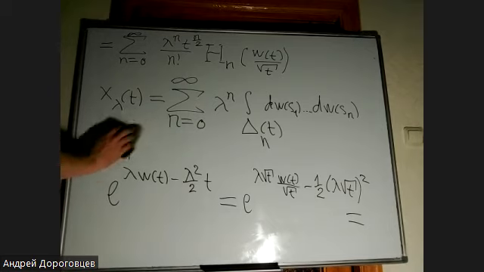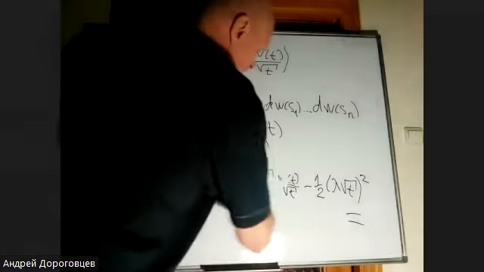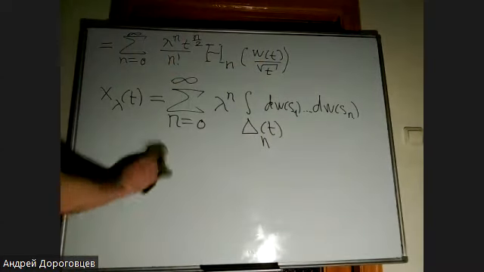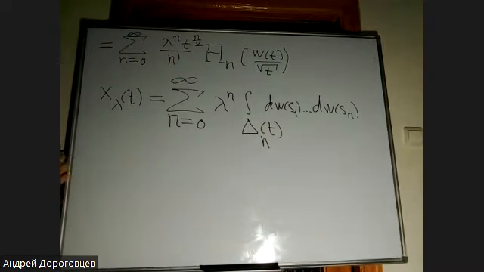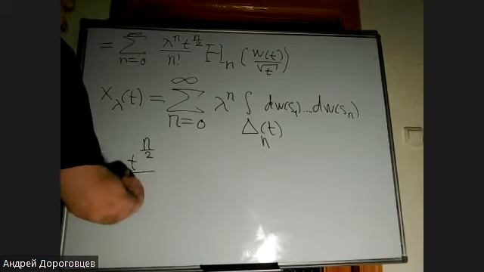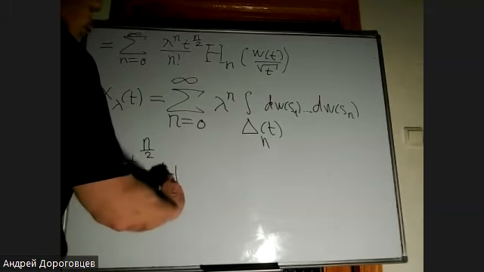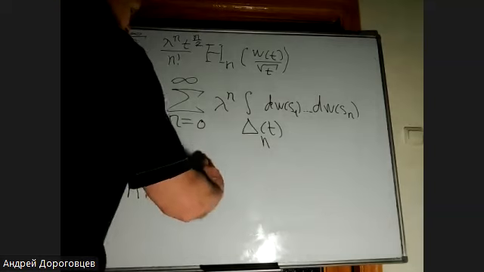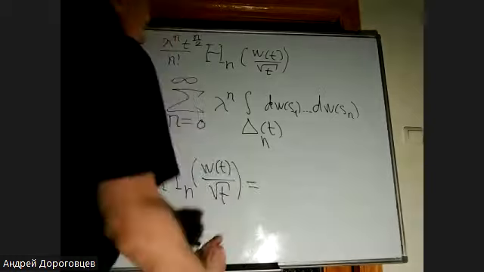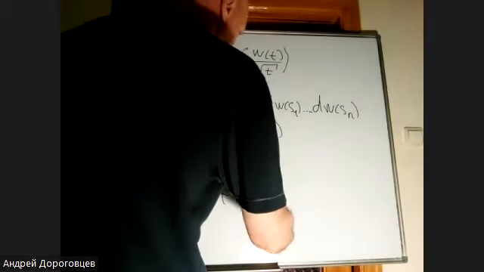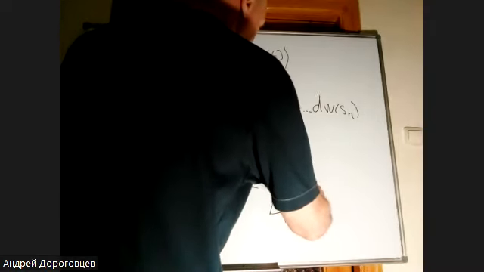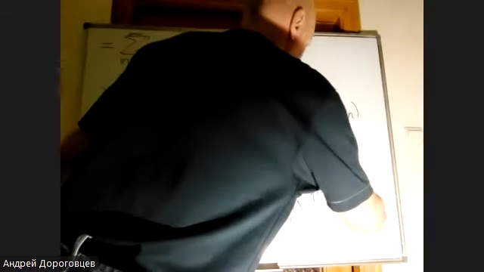So I can write that now we have the following relationship: t to the n over 2 divided by n factorial, H n of W t over square root of t, is equal to the integral over delta n t, dW S1, dW Sn.